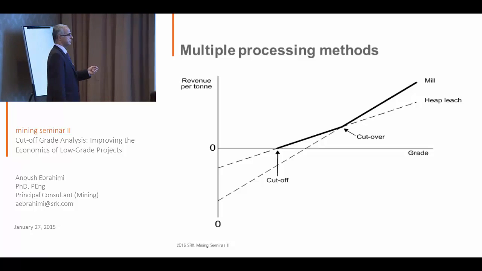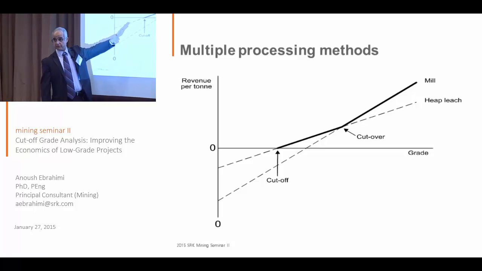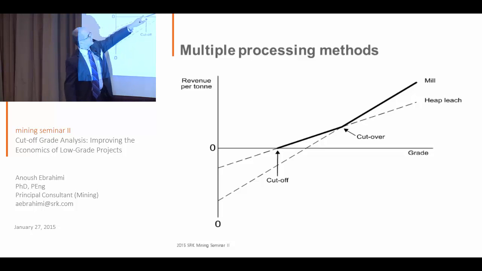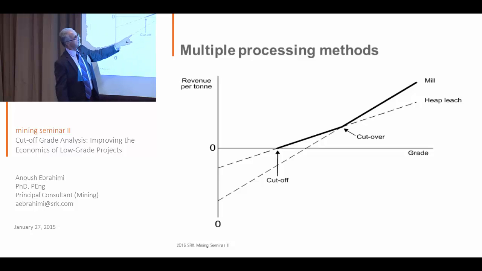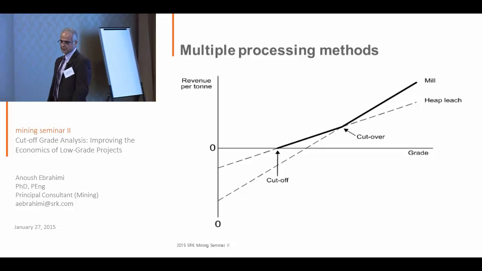In this graph, it's very simple. Look at this. You have a heap leach, which is a cheaper processing method with a lower recovery. That's the less steep line, and its cutoff is lower than the mill or CIL. The place where these two lines intersect is the cutover.